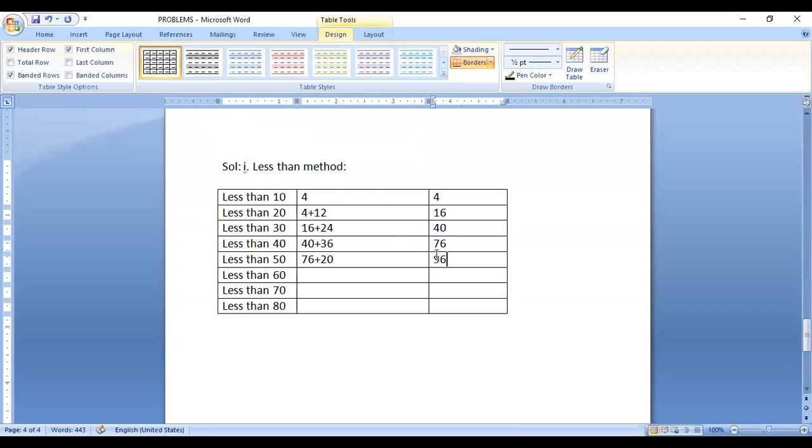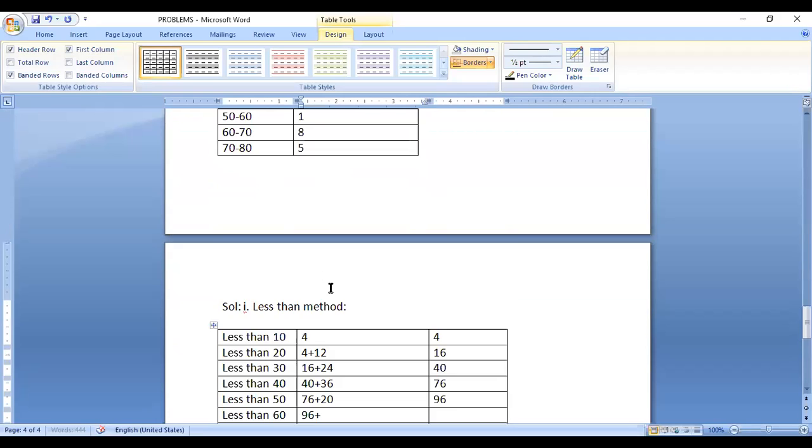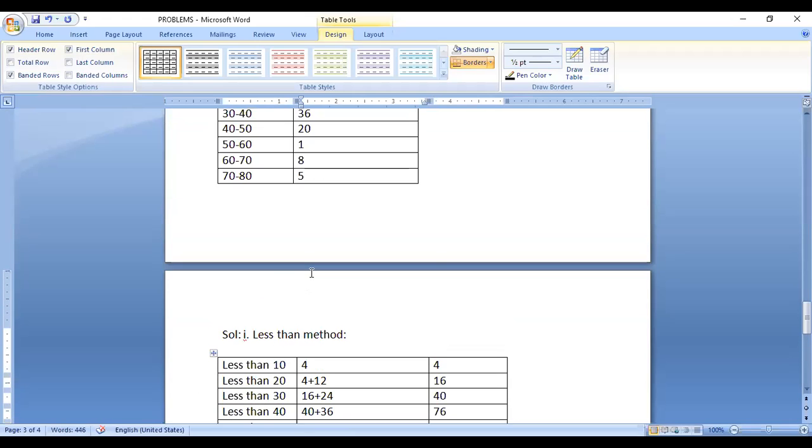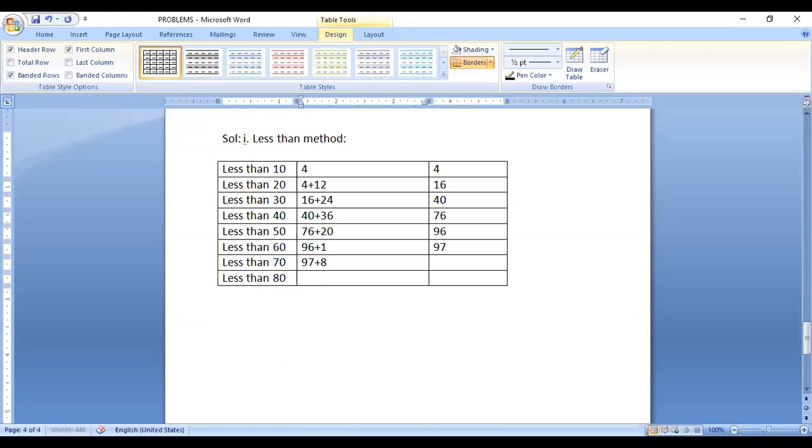Then 76 plus, after 36, the next class number of students is 20. 76 plus 20 is 96. Then 96 plus, after 20, number of students is 1. So 96 plus 1 is equal to 97. Next one, 97 plus, after 1, you have 8, 105.